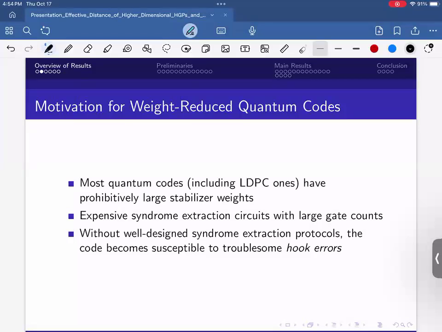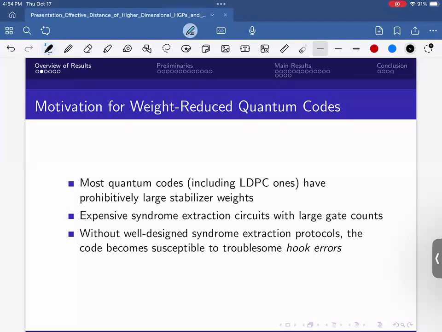And then there are those long extraction times, because the extraction time scales with the depth of the syndrome extraction circuit, and the depth of that circuit scales with the weight of the stabilizer check, how many quantum bits you are trying to check. A longer time also gives opportunities for more errors to accumulate. So that's another motivation.